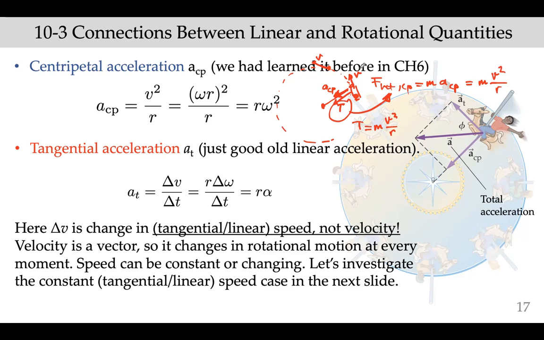So when velocity changes, there is an acceleration, and that acceleration is always towards the center. The other reason why it's towards the center is because the force is always towards the center. So in this chapter we still have the centripetal acceleration, defined as v squared divided by r, and it's always towards the center.